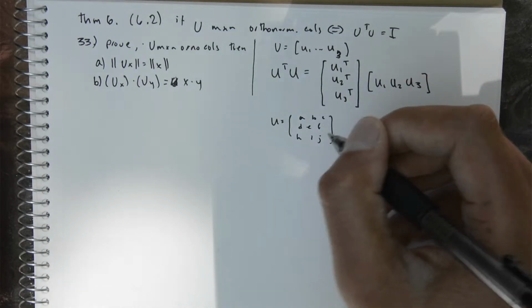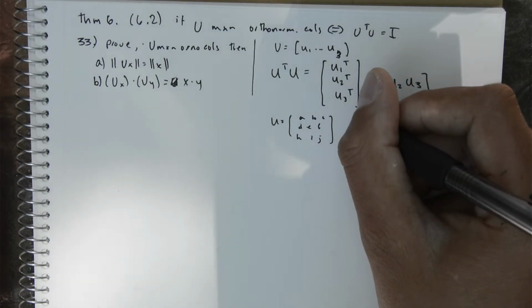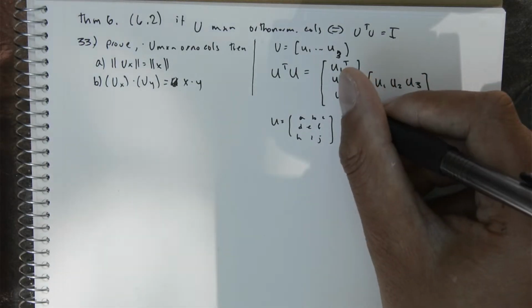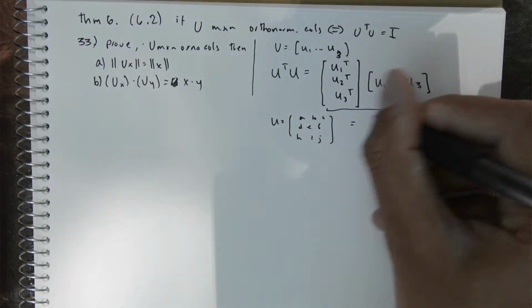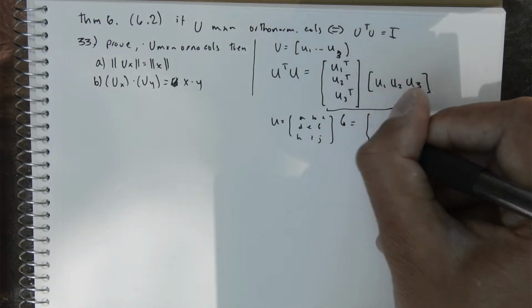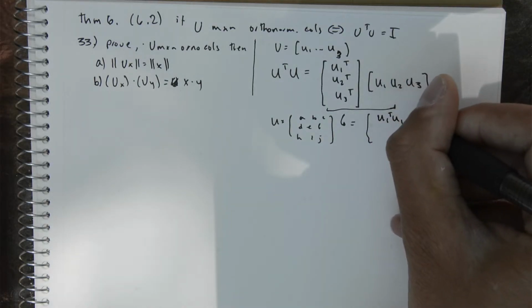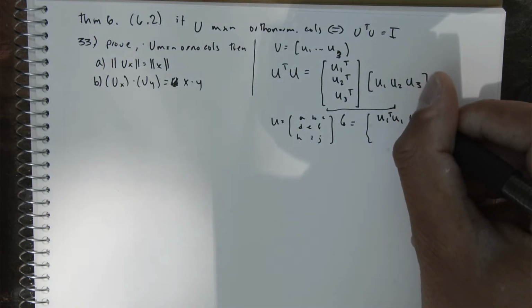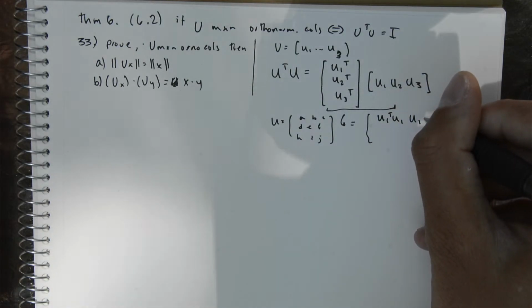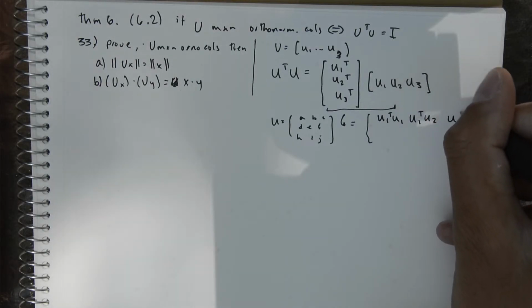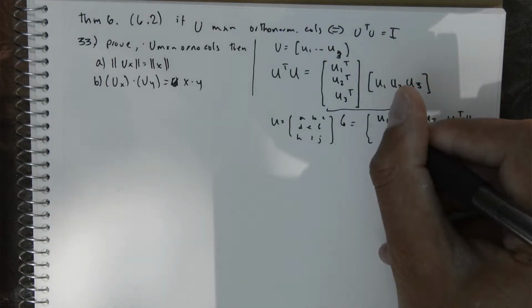So then this product is going to be equal to like u1 transpose u1, u1 transpose u2, u1 transpose u3, and so on.